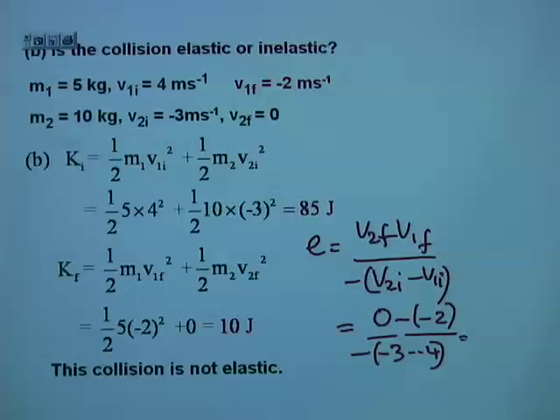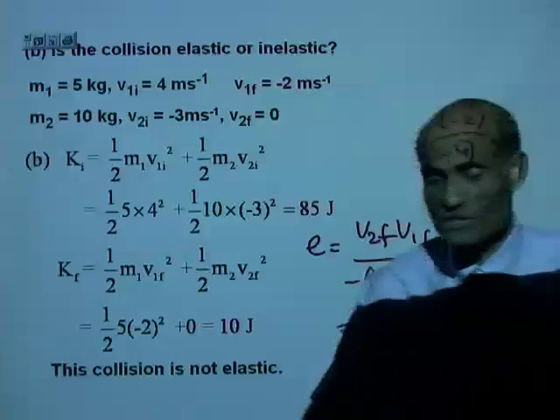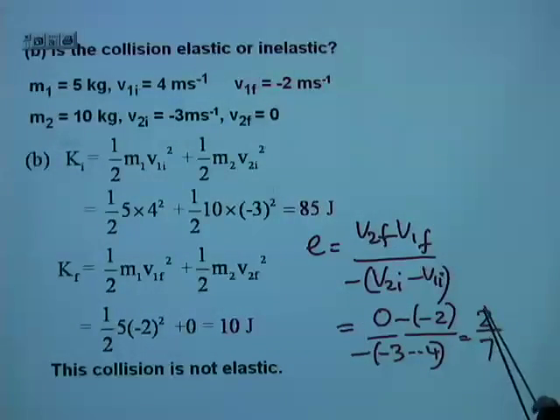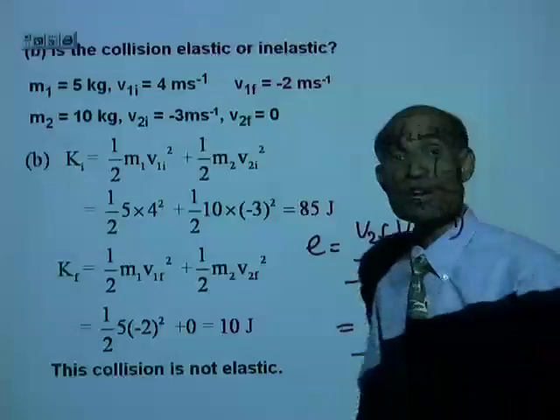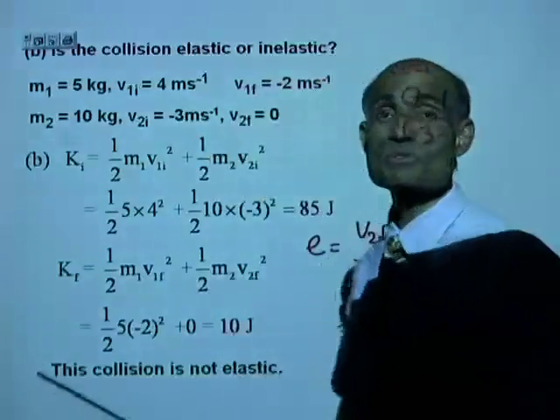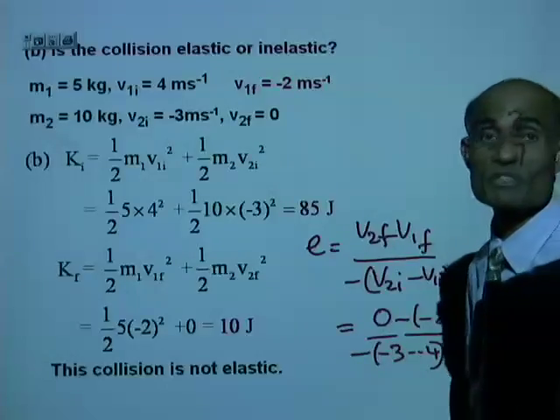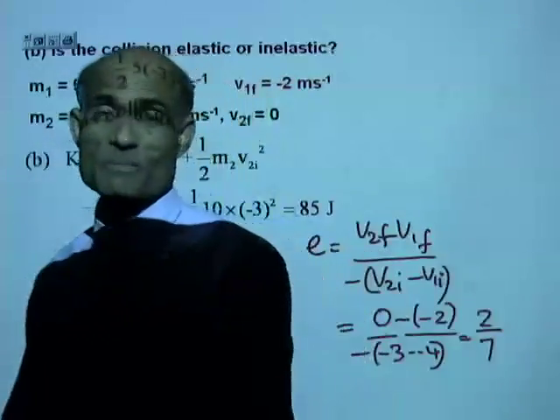That is equal to positive 2 on the numerator; negative 3 minus 4 is negative 7, and negative of negative 7 is 7. So you can see the coefficient of restitution for that collision is 2/7. In any collision, once you are able to obtain the velocities, you can obtain the coefficient of restitution.